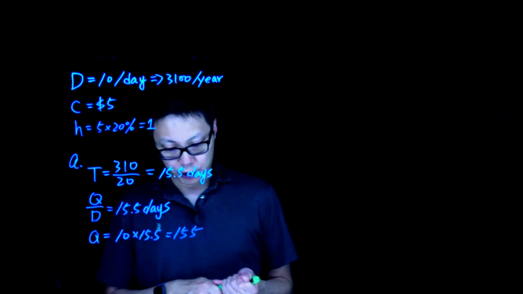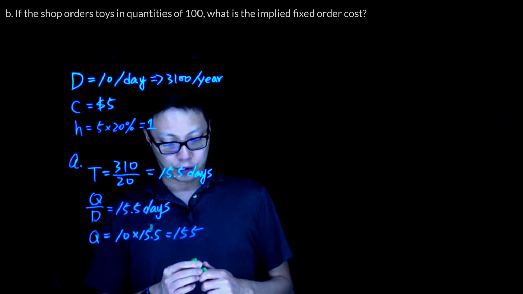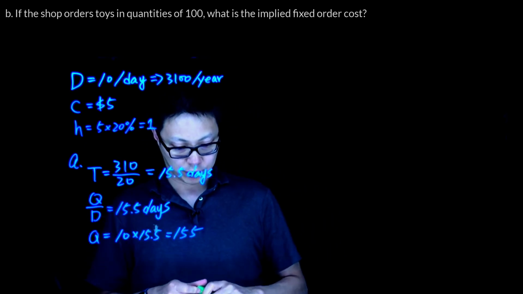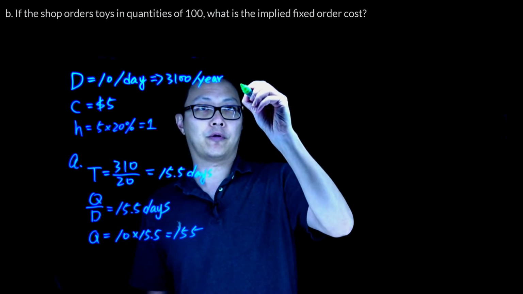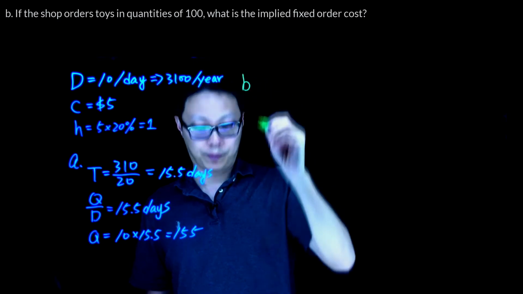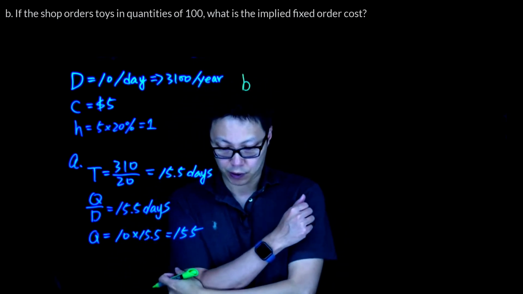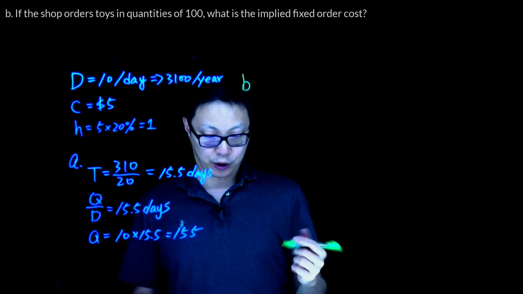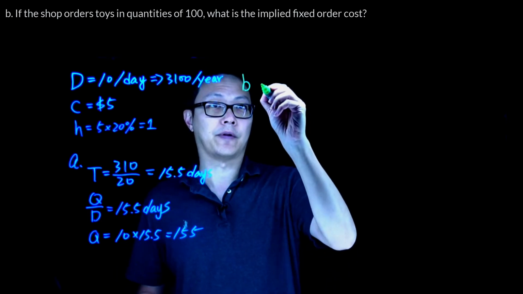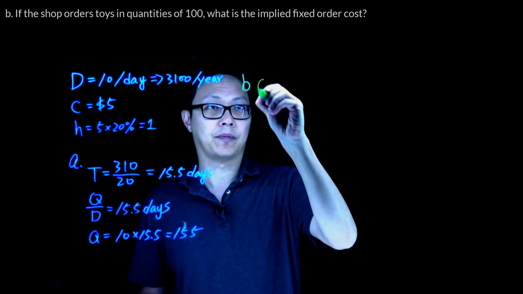And for the second question, we want to know if the shop orders the toys in quantity of 100, what is the implied fixed order cost? For this question, we assume that the optimal order quantity is 100. Before we do anything, let's write down the formulation for the EOQ model.